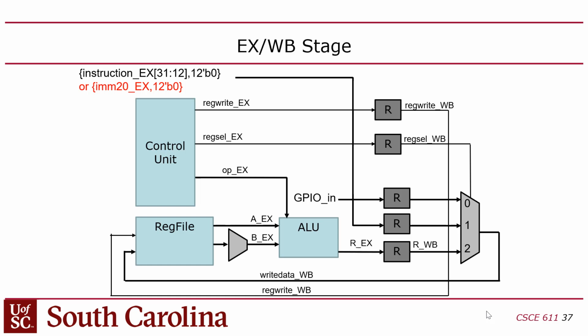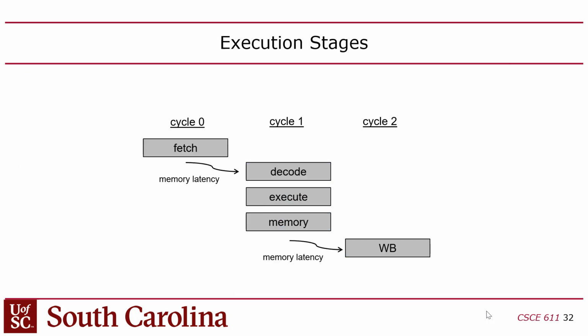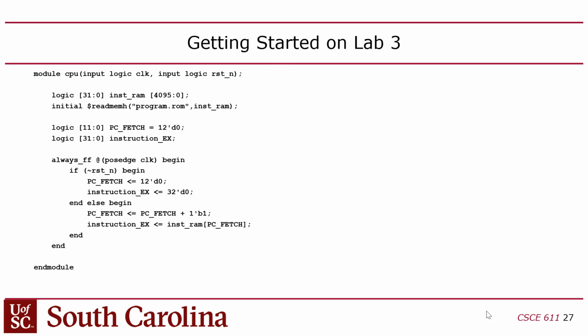Then we have reg-write. Now reg-write is one for each instruction that writes a register. Are there any instructions that don't write a register? Not really. I think the only one that does, if we go back here to the list of instructions.